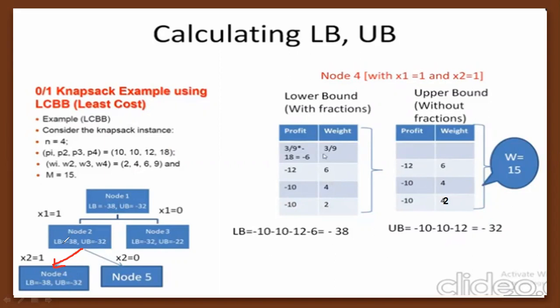Because for the UB minus LB value, we need to select the minimum value. Which one is minimum? The minimum value is 6 here. The other value is 10 here. Which one is minimum? This is the minimum. Hence, you need to expand the tree for this node only here.